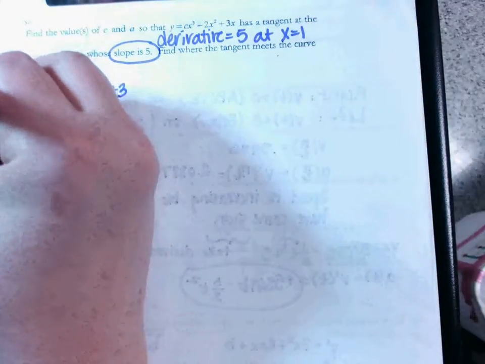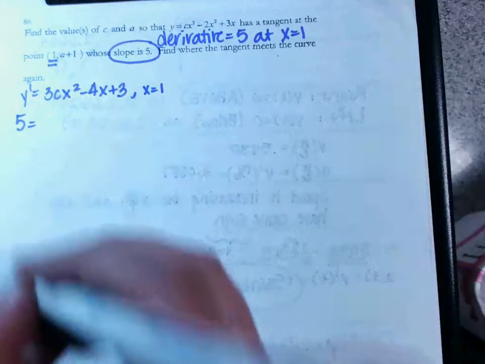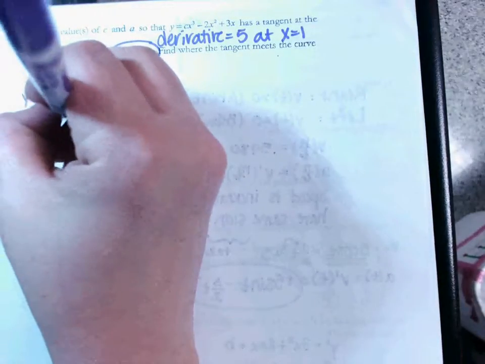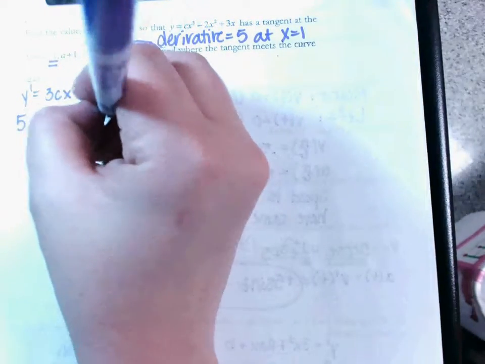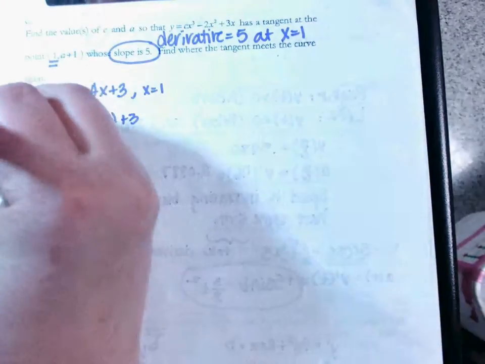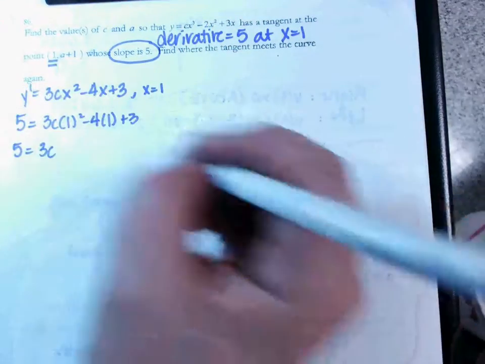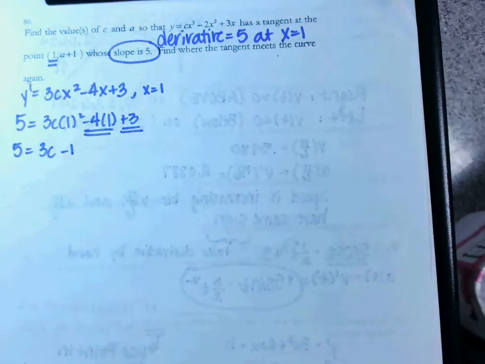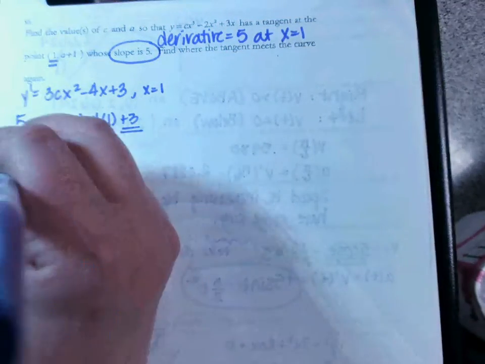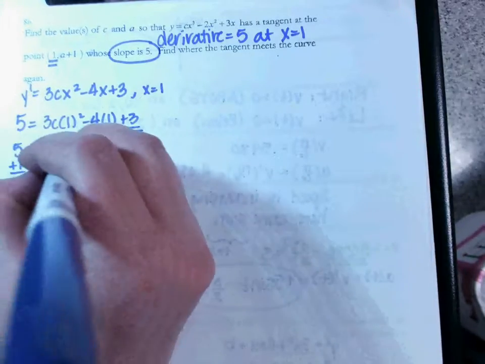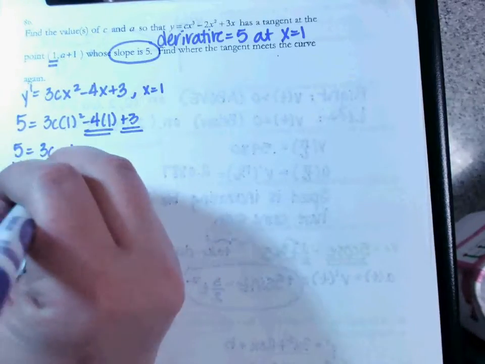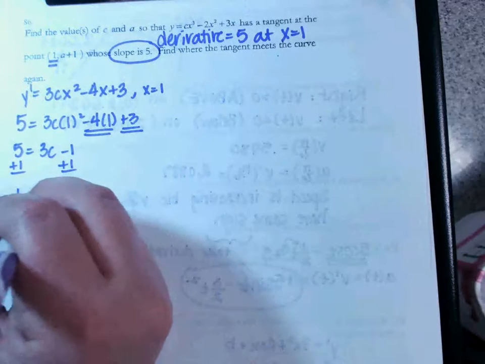We're setting it equal to 5 when x is 1. So that would be 3 times c times 1 squared minus 4 times 1 plus 3. So 5 is 3c. What is negative 4 plus 3? Okay, then I add my 1 across. 3c equals what? 6. Which means that c equals 2.